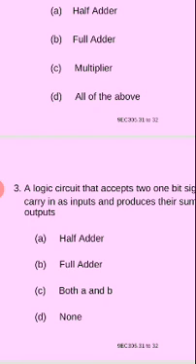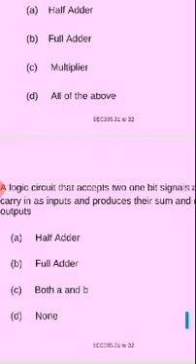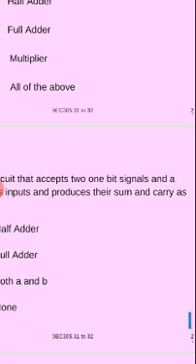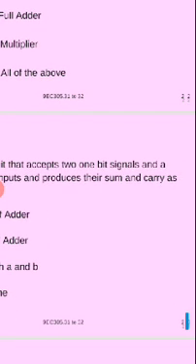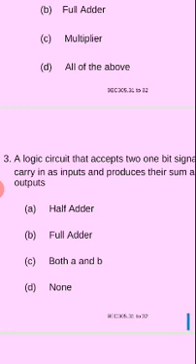Third quiz. A logic circuit that accepts two 1-bit signals and a carry input as input and produces their sum and carry as outputs. Option A, half adder.